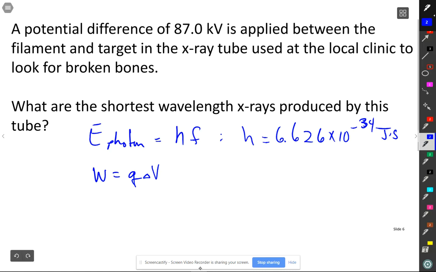Yeah, that's where I made the sign error. The change of potential energy is equal to q delta V. That's where I made the sign error before. Oh, and I should put the charge of an electron.